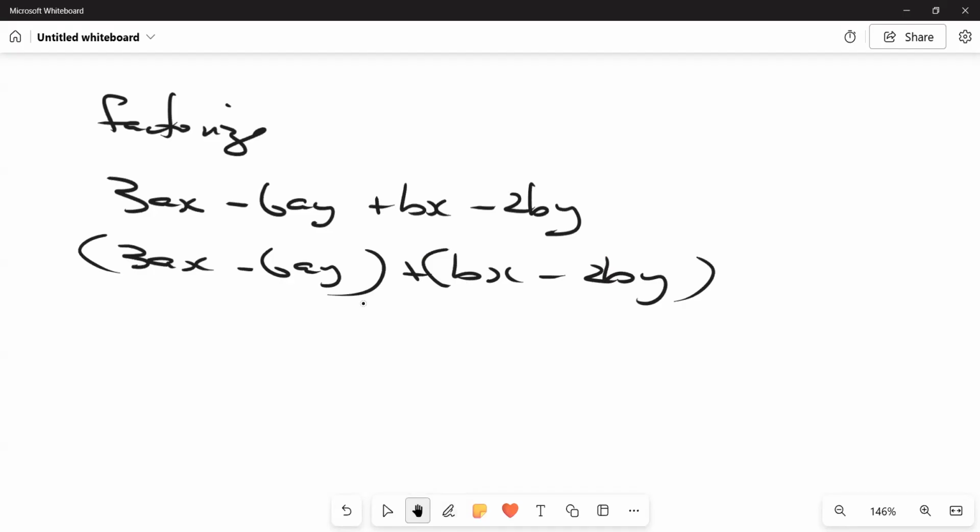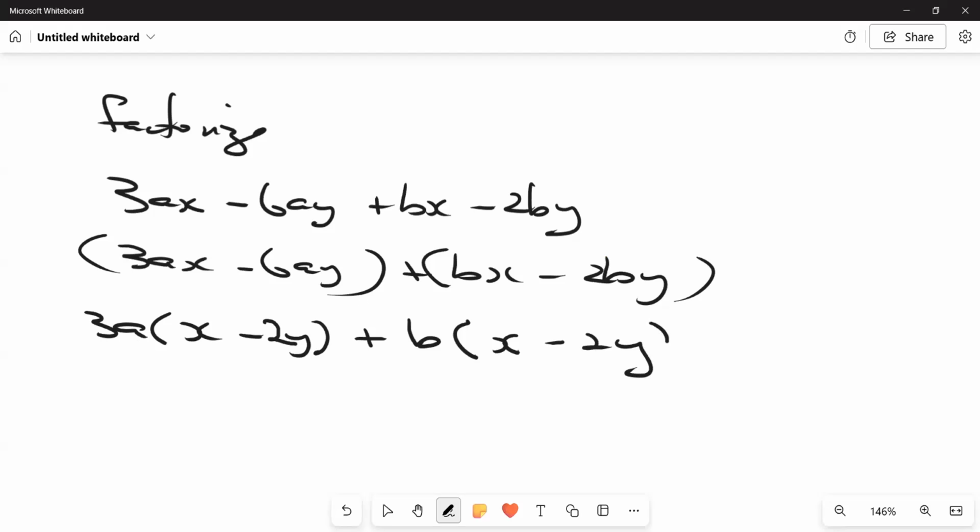So here, the highest common factor is 3a. So we end up with x minus y, okay? Down here, common factor being b. Sorry, down here is supposed to be 2y. So I didn't see that one. And you end up with x minus 2y, right?